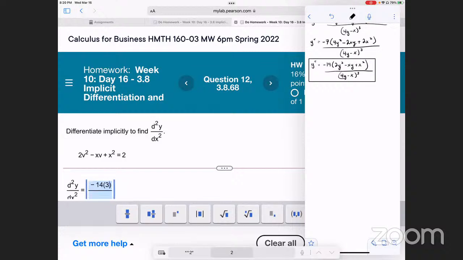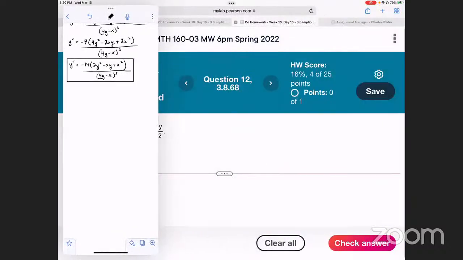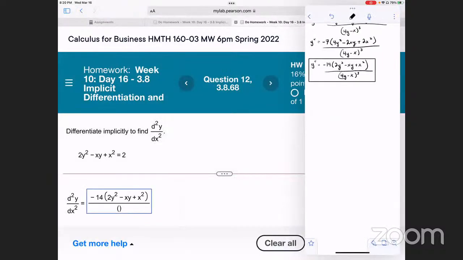Oh, back up. 2y squared minus xy plus x squared. Okay, and then on bottom, let's do that thing. Bottom.